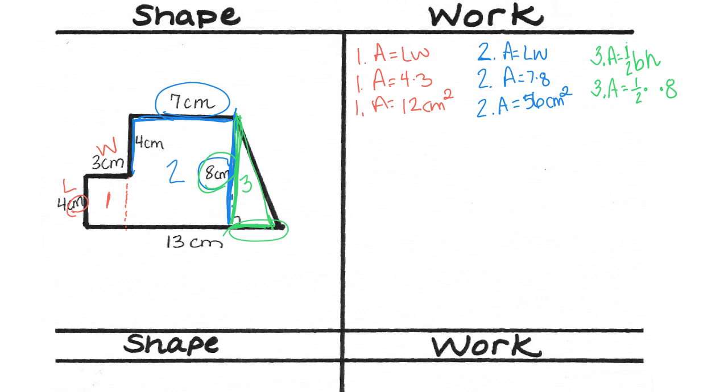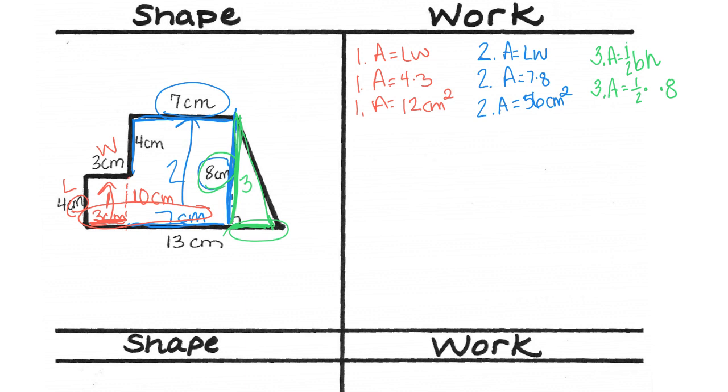So keep in mind, we know from here to here is 7 centimeters because that's what it was up there. We also know from here to here is 3 centimeters because that's what it was up there. So if we add these together, that's going to be 10 centimeters.